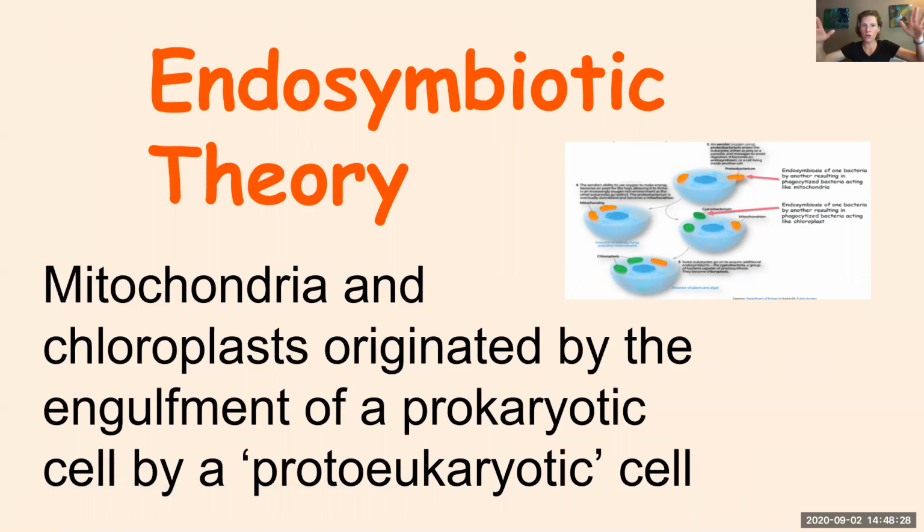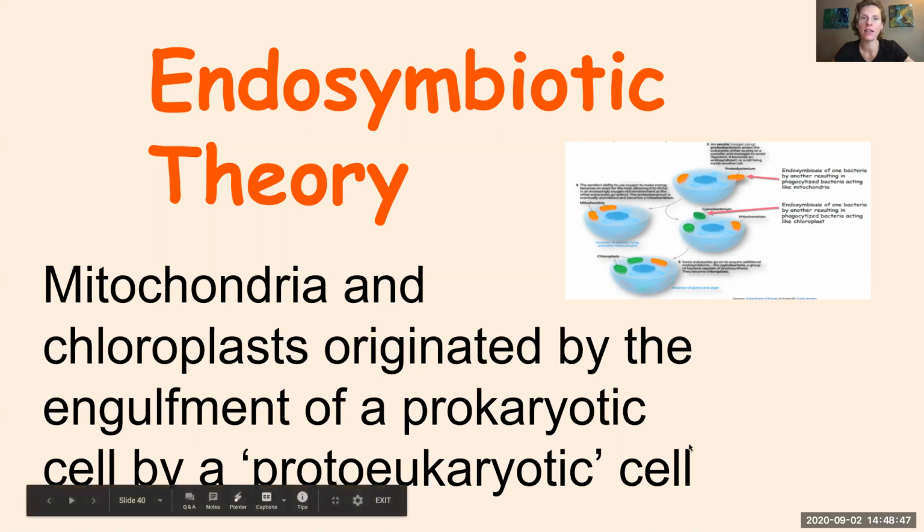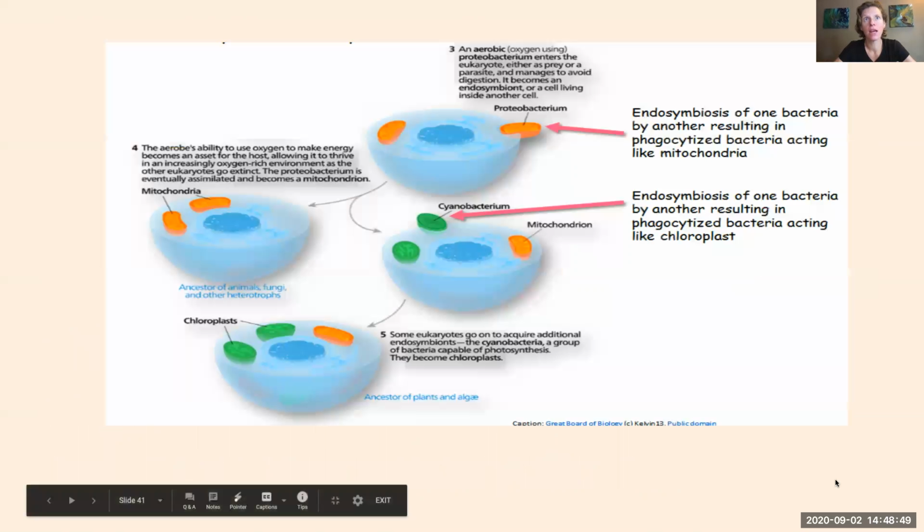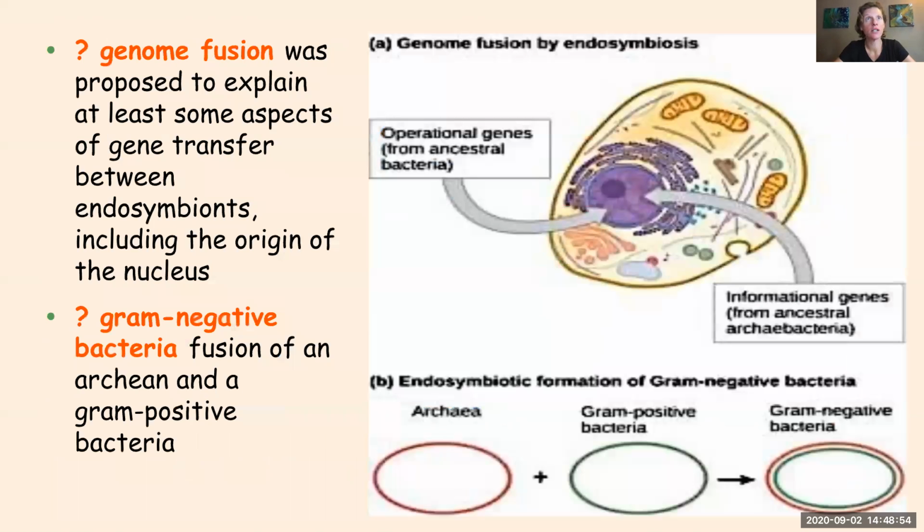So the idea of how eukaryotes evolved is you had a big proto-eukaryotic cell. Before it was a eukaryotic cell, it engulfed another free living organism, and now they lived happily ever after. One of those free living organisms looked very similar to what mitochondria look like today. So that's the endosymbiotic theory. You can look at that slide for more details.